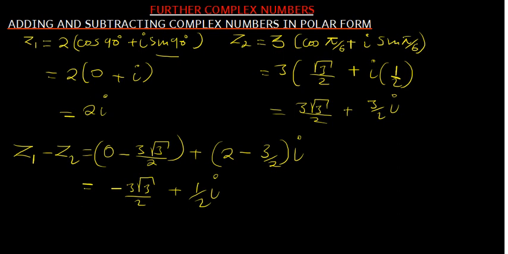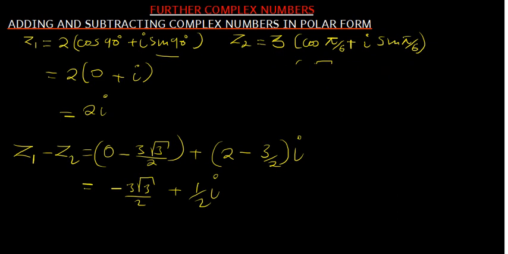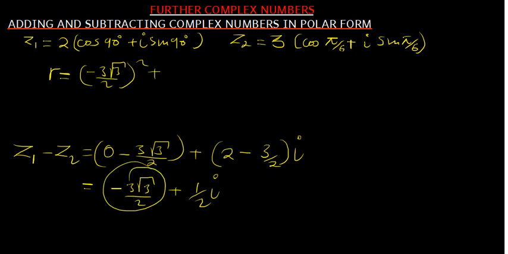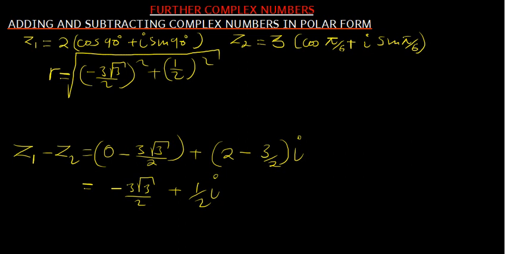So we are going to convert this complex number that we have found to polar form. How do we do that? By finding the value for r and the value for theta. So r is given by: we take the negative 3 root 3 over 2, square it, and we also square this portion, 1 over 2 squared, and then we square root that.